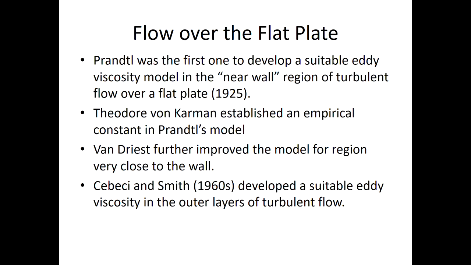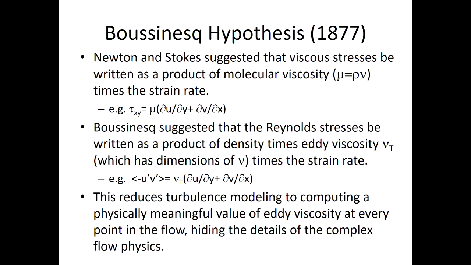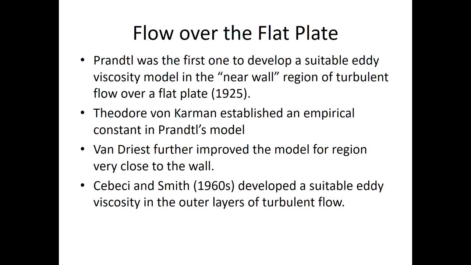So this is a long lineage. All of it starts with 1877, when Boussinesq came up with this eddy viscosity concept, then Prandtl. Then 1960 is where the technology kind of matured.